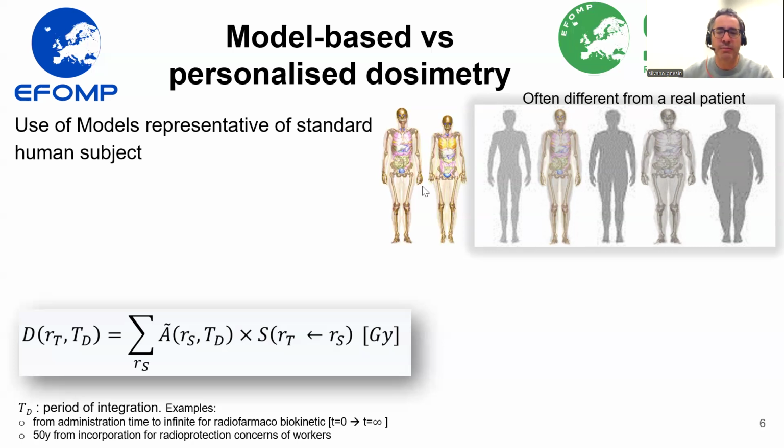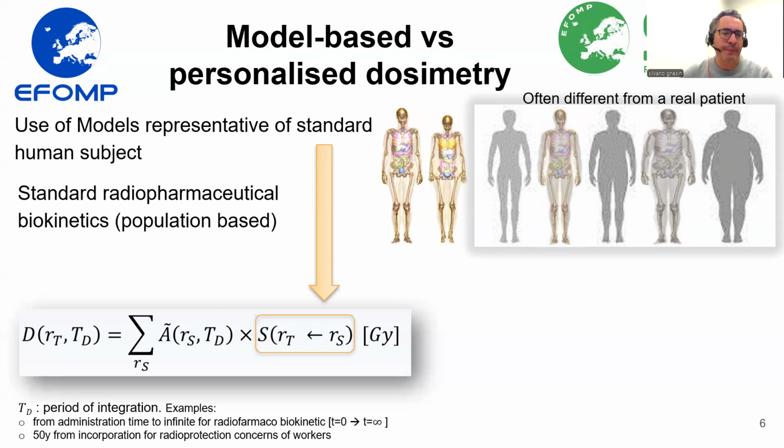These ICRP phantoms are used to define the S value in the absorbed dose formula here. ICRP also provides standard radiopharmaceutical biokinetics in order to estimate the integrated activity per unit of administered activity, so it defines the A tilde value.